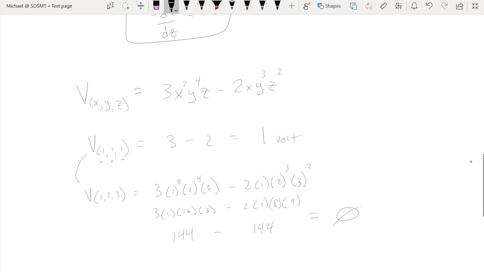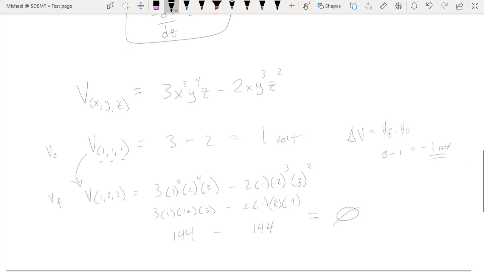If we were to move from one point to another, we could now describe the change in electric potential for this system. If we started here, this would be our initial potential. If we ended there, that would be our final potential. So the change in potential, final minus initial, is 0 minus 1, a change of -1 volt by moving between those two locations in space.